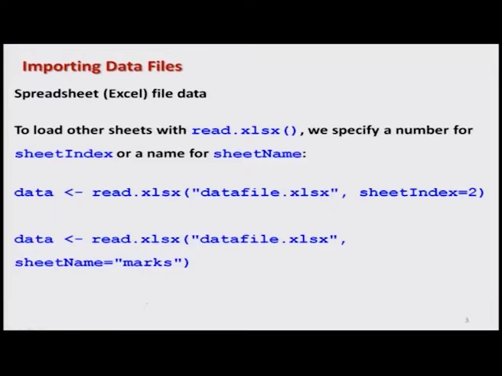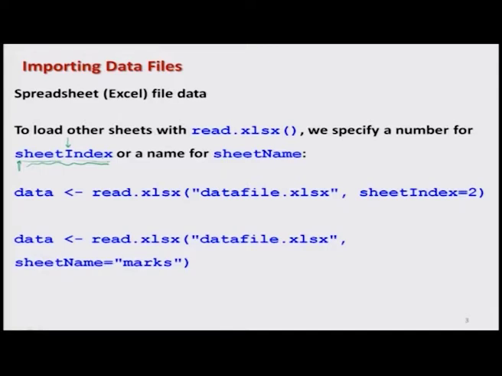Now we have two options: suppose I want to read sheet number 2, or I want to read a particular sheet which has a name. In order to read a particular sheet, I have to use either sheetIndex, where SHEET is in lowercase letters, then I is in uppercase, that is capital, and all other letters are small.